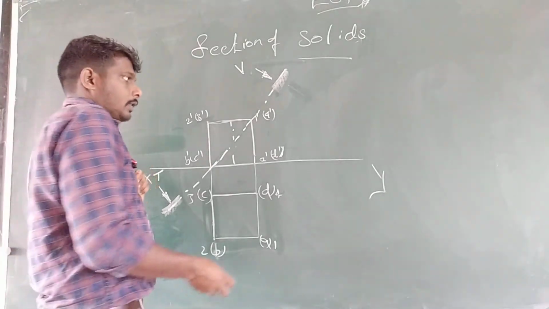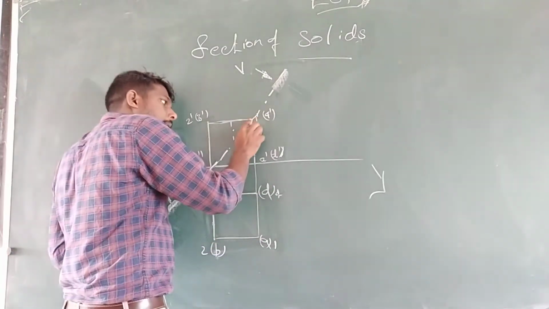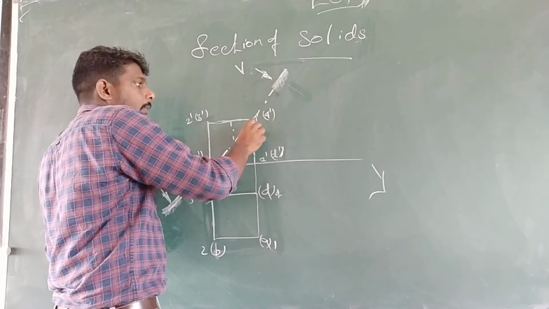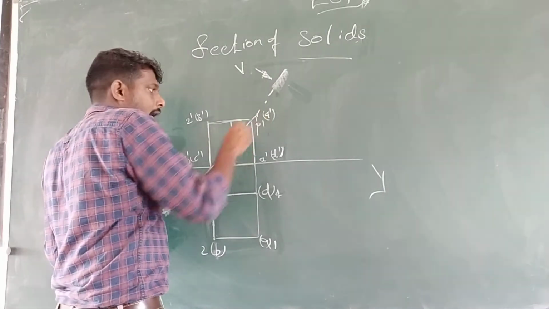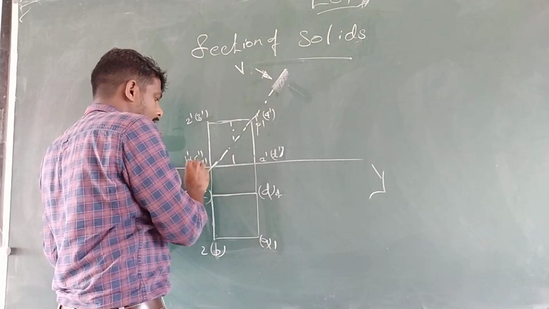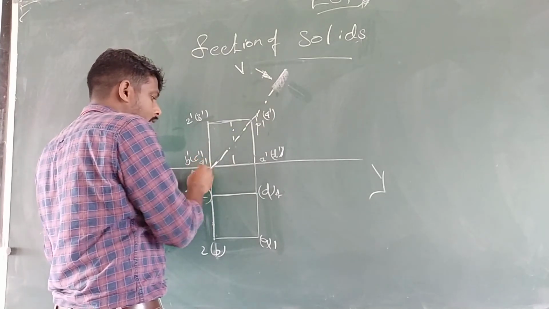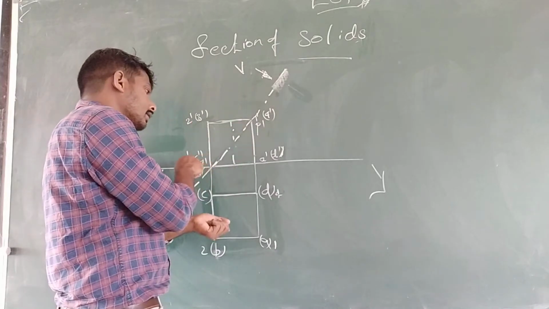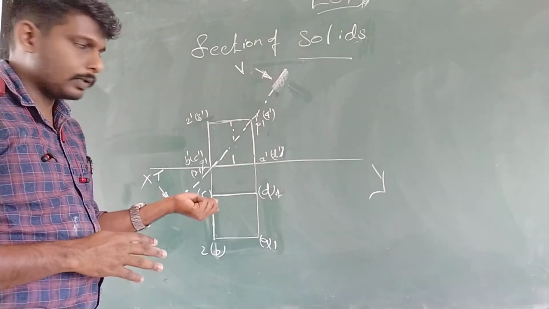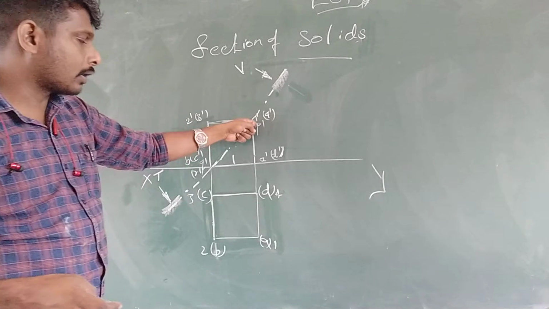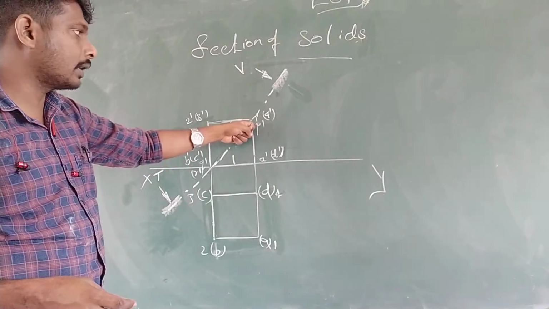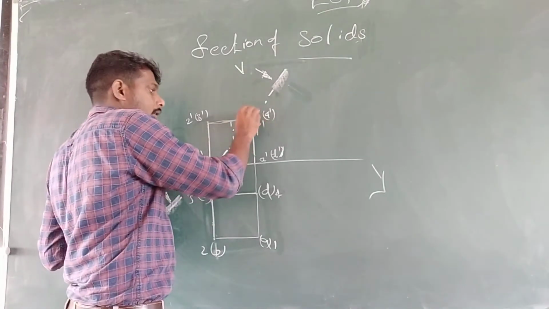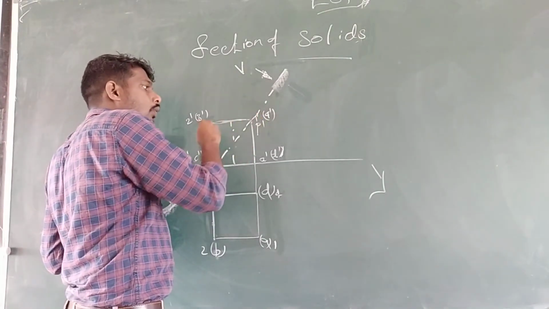Now the section plane cuts the coordinates here, so we annotate them. Here I name it as P dash and Q dash, R dash in brackets because R dash cuts the corner at C dash. Here P dash is the point where the section plane cuts at 1 dash, and at 4 dash it is named S dash.